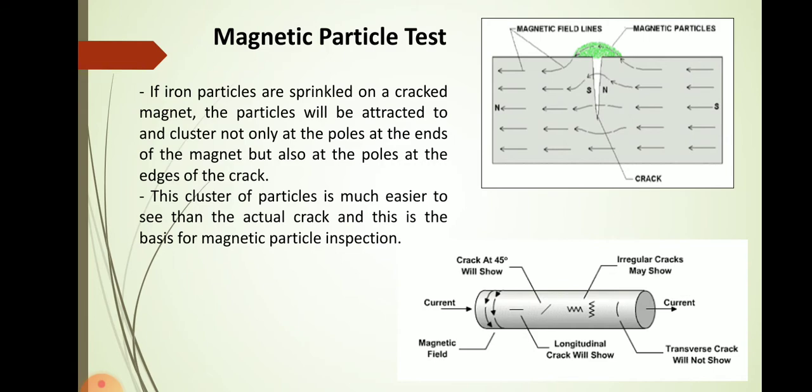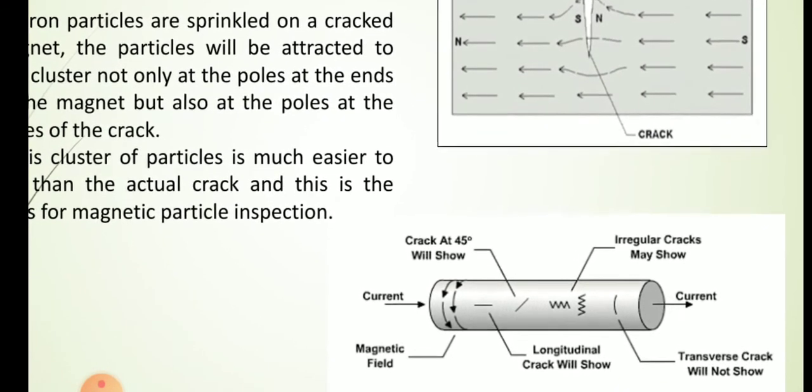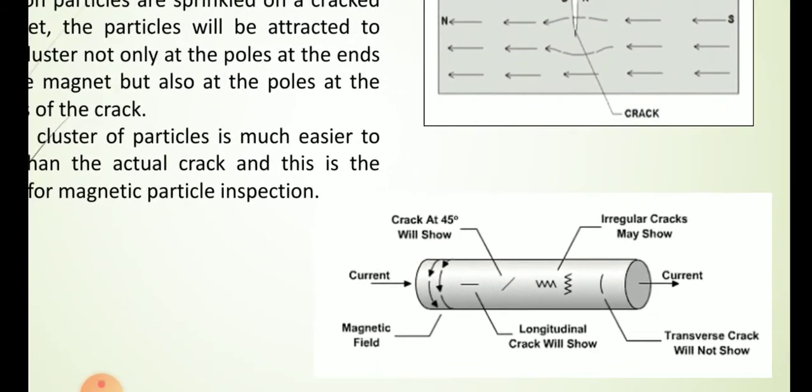As shown in that bottommost diagram, you can see the cracks at 45 degree that can be shown through the magnetic particle test. The crack which is exactly perpendicular to the length of that specimen can also be seen, but a longitudinal crack, which is exactly parallel to the magnetic field lines, cannot be shown.